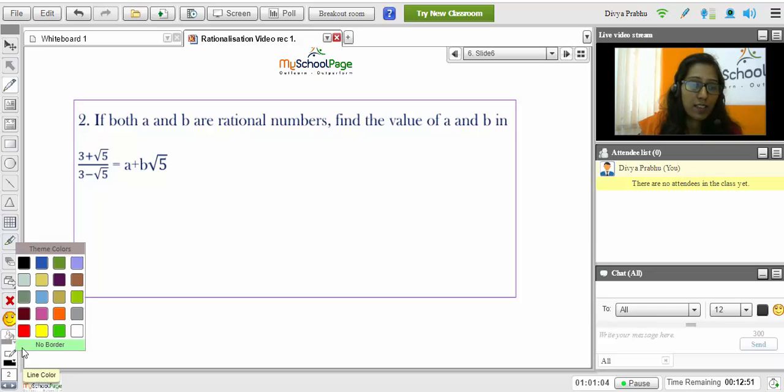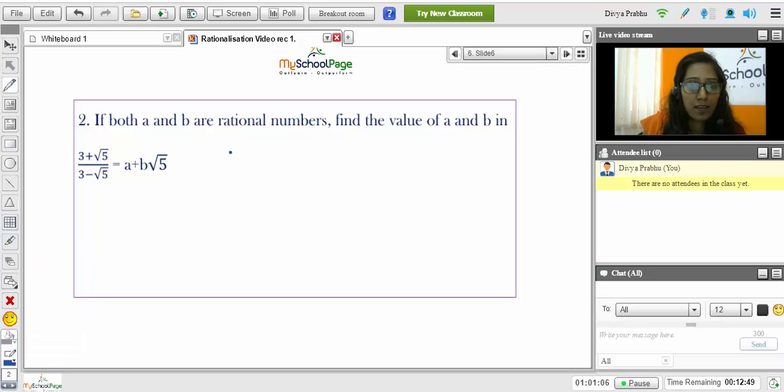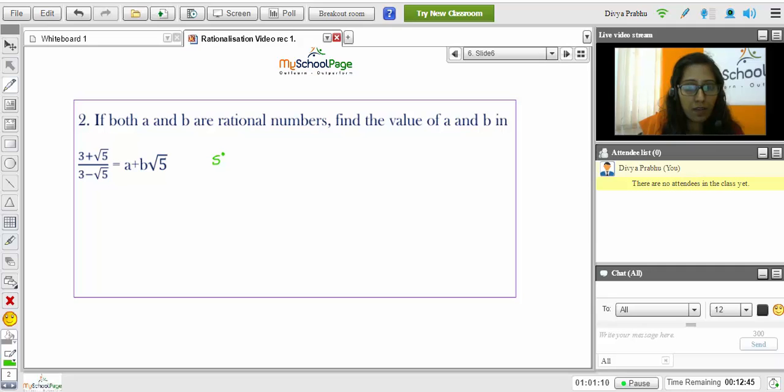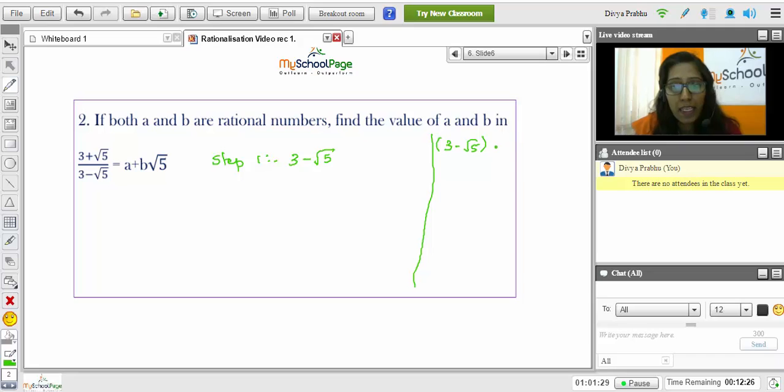Now, what's our step 1? Our step 1 would be to find the rationalizing factor. Now, what's the rationalizing factor? What do we have in the denominator? We have 3 minus root 5. Now, suppose I multiply 3 minus root 5 by itself. Let's take this as a working column.